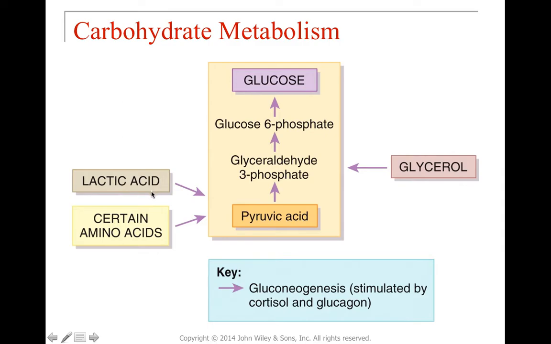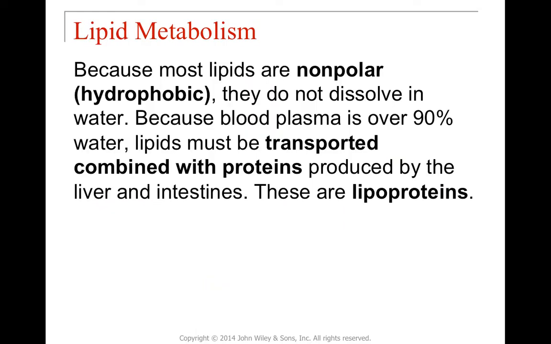So it's also not surprising that lactic acid can get converted into pyruvic acid and enter into this pathway from that direction. Right, because any pathway that we take one direction, we can take the other way, but we have all these intermediate steps, so we have to go through all of them to be able to have that happen. Also, certain amino acids can be used, and glycerol from the triglycerides can be used. All those can be used to drive the creation of new glucose molecules. Again, that is called gluconeogenesis.